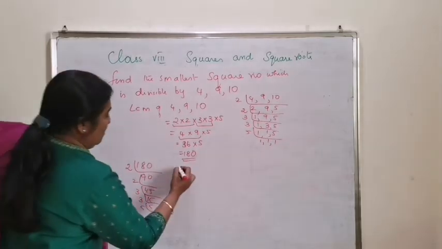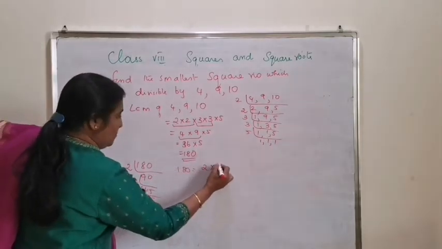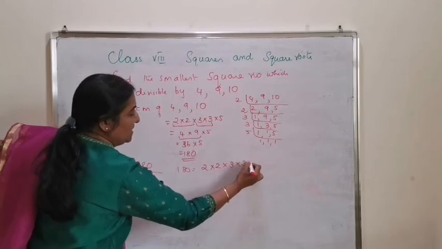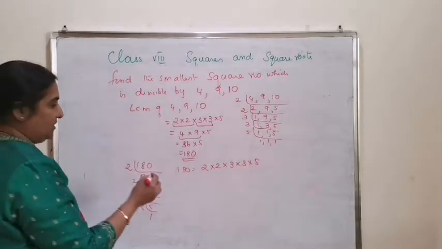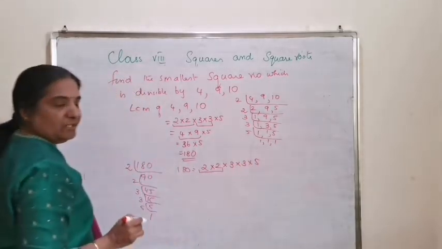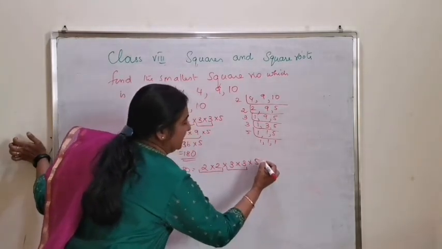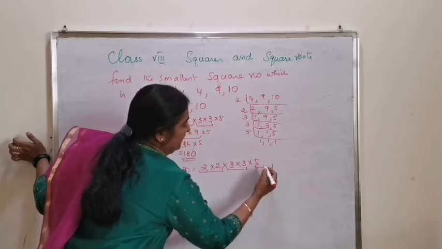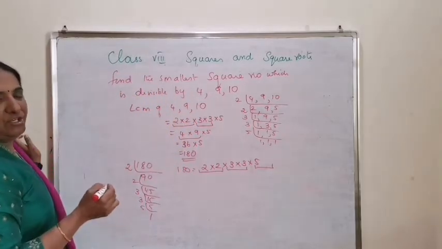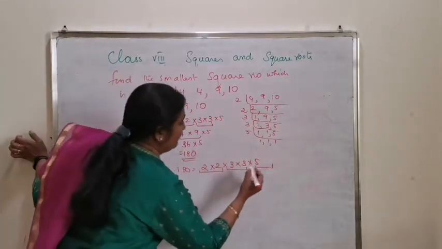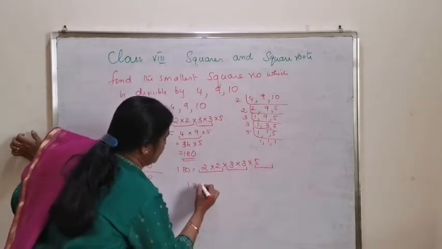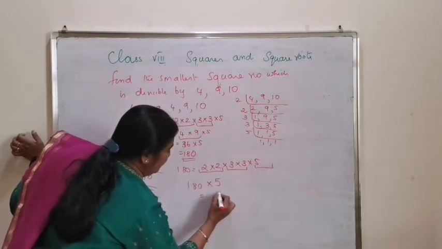Now, 180 is the same as 2 into 2 into 3 into 3 into 5. Here, the prime factor 2 already occurs in a pair, and the prime factor 3 also, but the prime factor 5 is not in a pair, so 180 should be multiplied by 5.